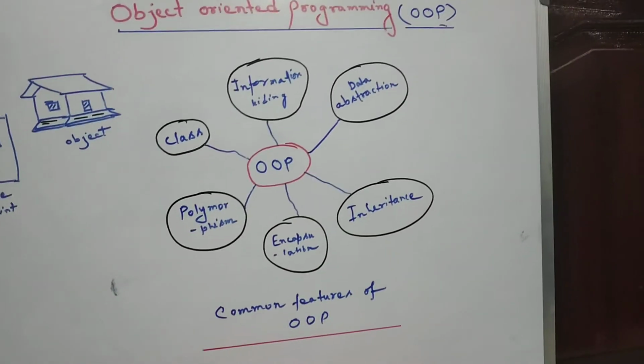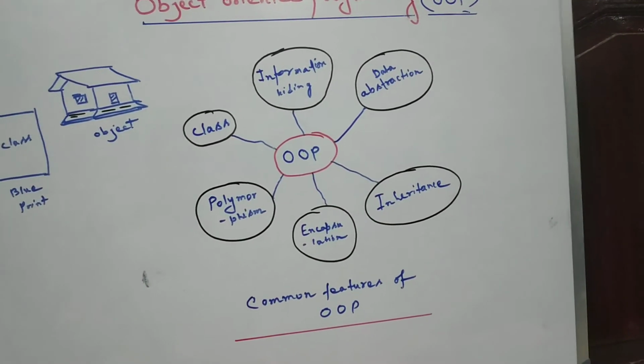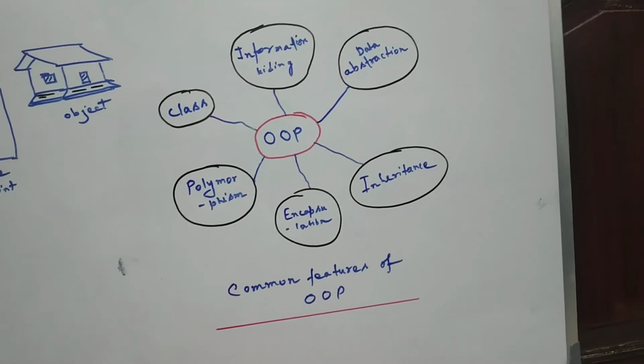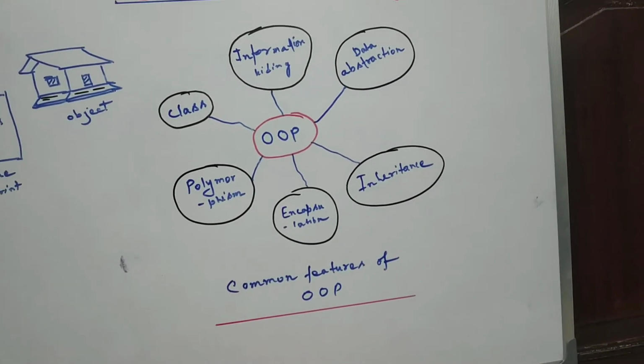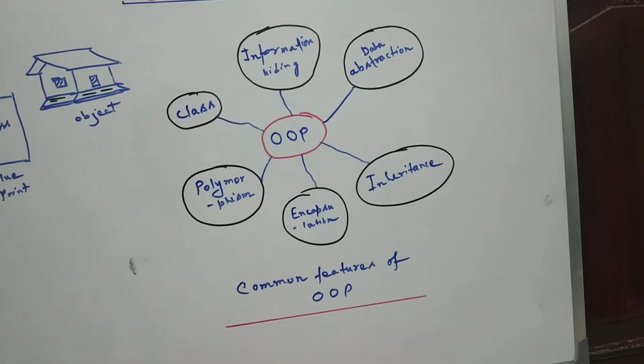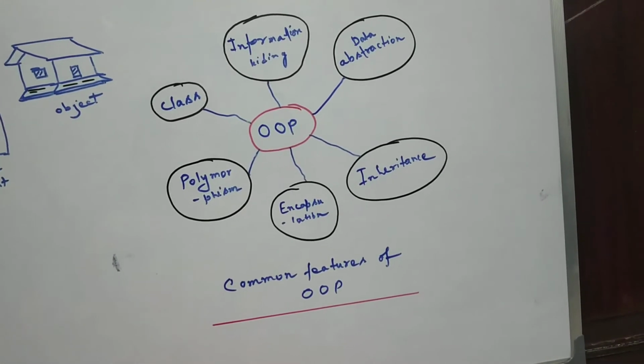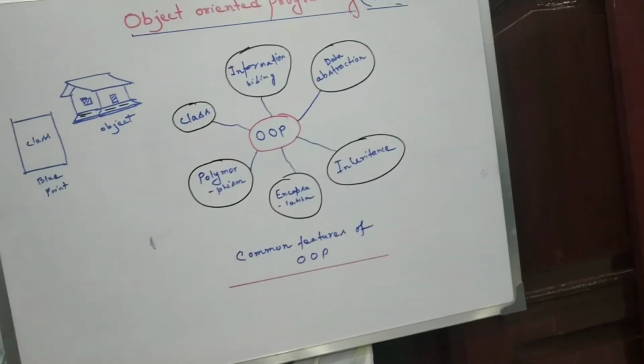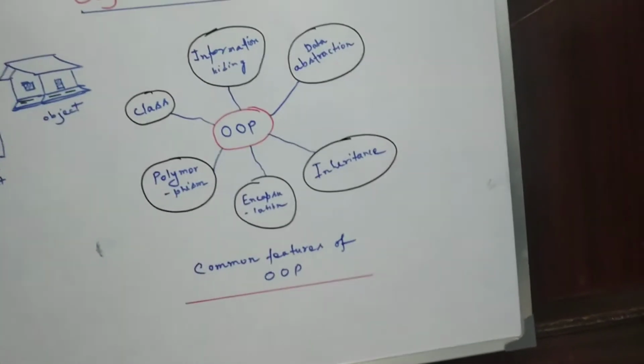That means we know which switch will be used for what purpose, but we don't know the background details of the switch, how it works. So this is known as abstraction, providing some information without giving the background details.